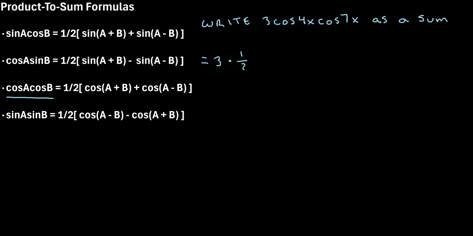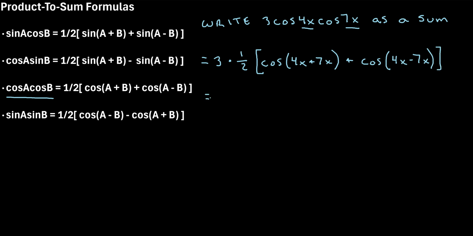So we'll say 1/2 cosine of A plus B. So A is 4x plus B in this case is 7x, plus we have the cosine of A minus B. So A is 4x minus B we said is 7x.